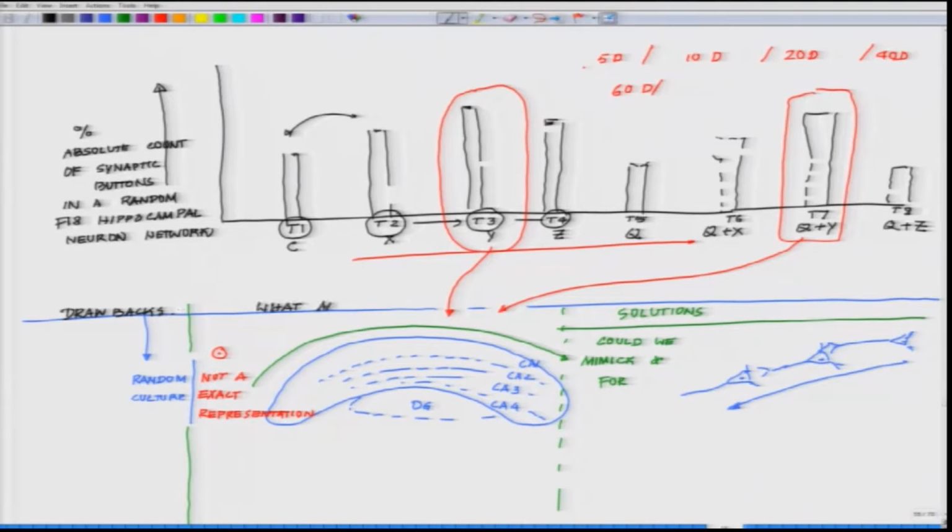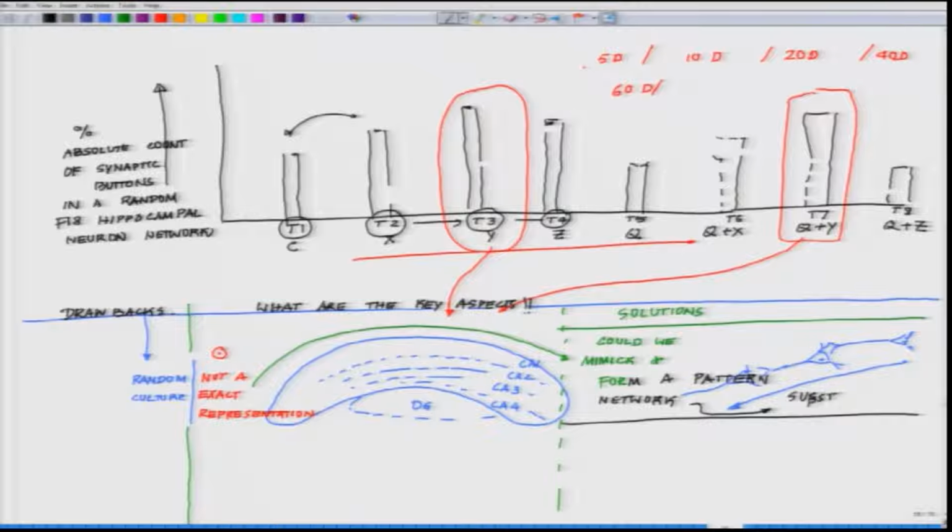What are the key aspects? Okay. Now, solution. Could we mimic and form a patterned network? Point 1. Now, that will take us to the domain of substrate engineering.